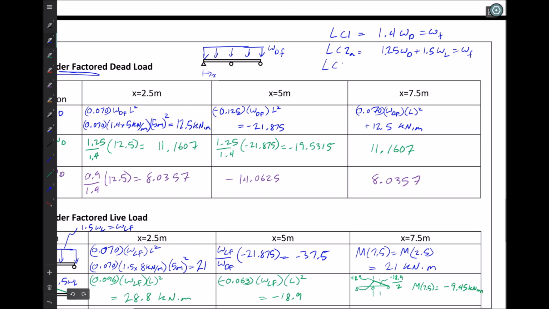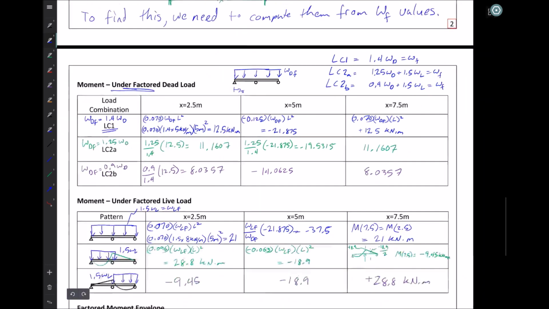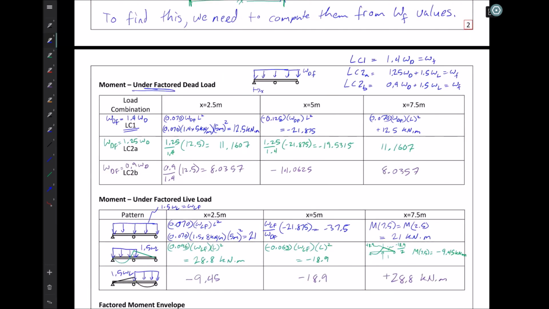And load combination 2B is 0.9 W dead plus 1.5 W live. So now, what I'm looking for is what will give me the biggest positive and negative values at these locations. First, let's look at load combination 1.